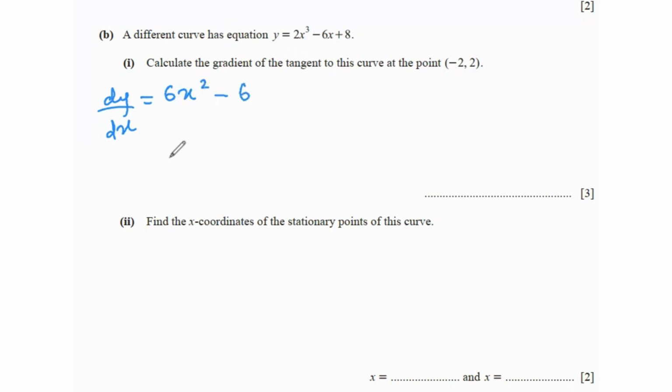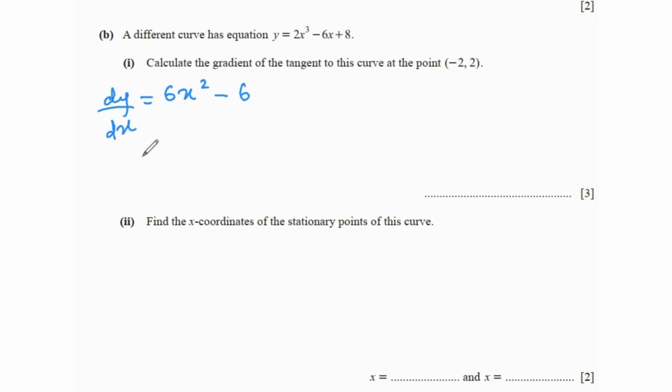In differentiation, you bring the power down, multiply that by the coefficient, and then subtract 1 from the power. So 3 times 2 is 6, and 3 minus 1 is 2. Then the power 1 comes down, multiplied by -6, and 1 minus 1 is 0. Remember that the derivative of a constant is always 0, that's why there's no constant over here.